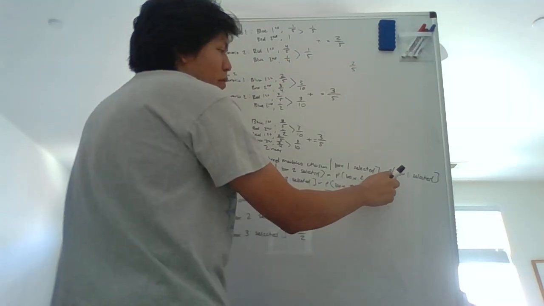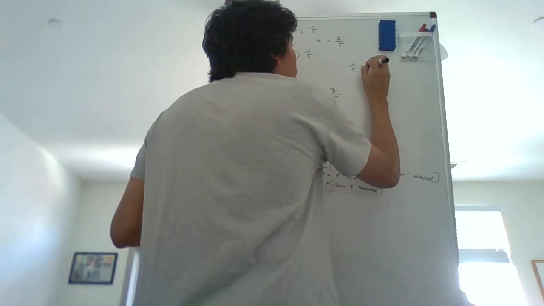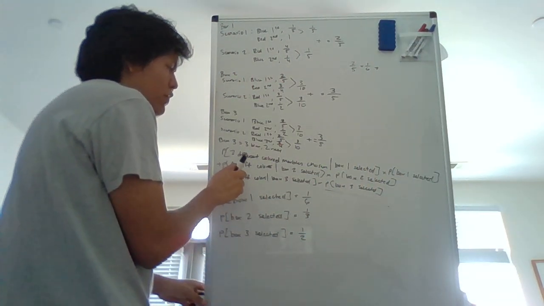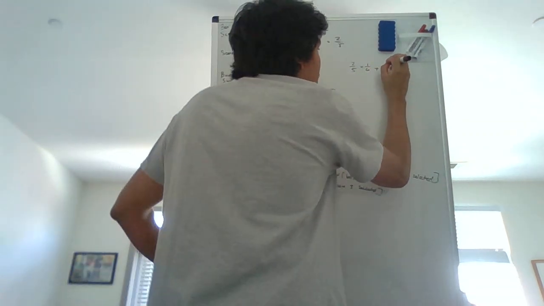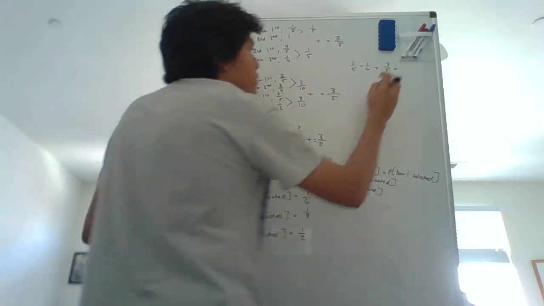And that gets multiplied by the probability of box 1 being selected, which was 1/6. Plus the probability of 2 different colors being chosen given box 2 was selected is 3/5. Times the probability of box 2 selected is 1/3.